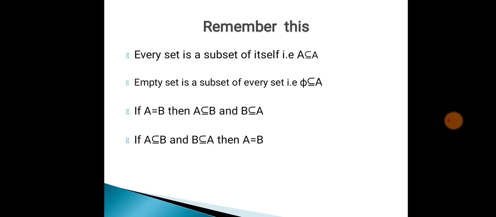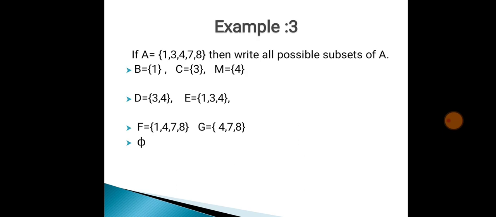Now let's take one more example. If A = {1, 3, 4, 7, 8}, then write all possible subsets of A. Here I have taken a few, but there are a few more which you will find out and write in your notebook.